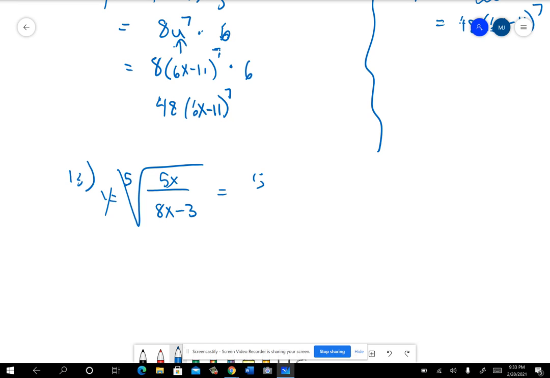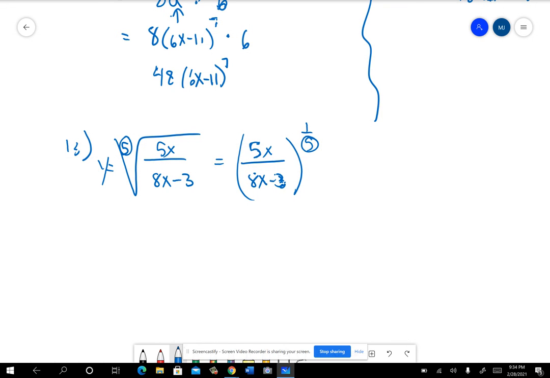It might help to think of it this way. Rewrite the 5th root as raising to the 1/5 power. We've talked about how the denominator is the index. Then it fits the structure of a power rule problem.